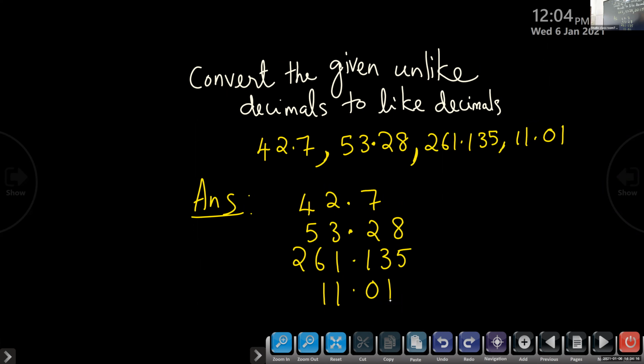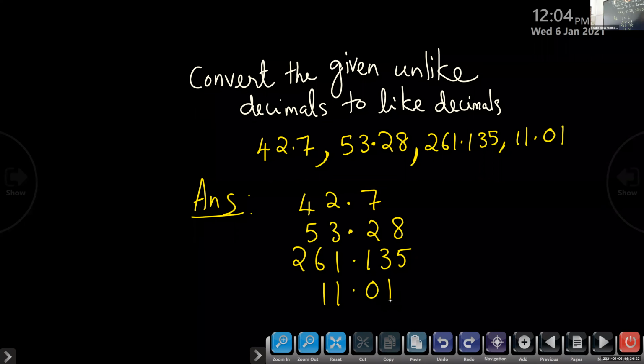Convert these unlike decimals to like decimals. So the questions are 42.7, 53.28, 261.135, 11.01.